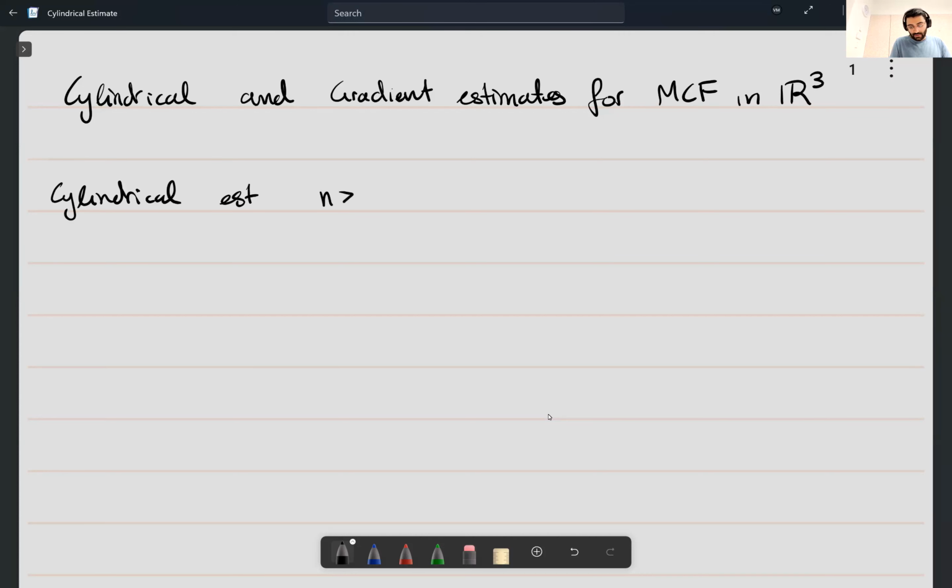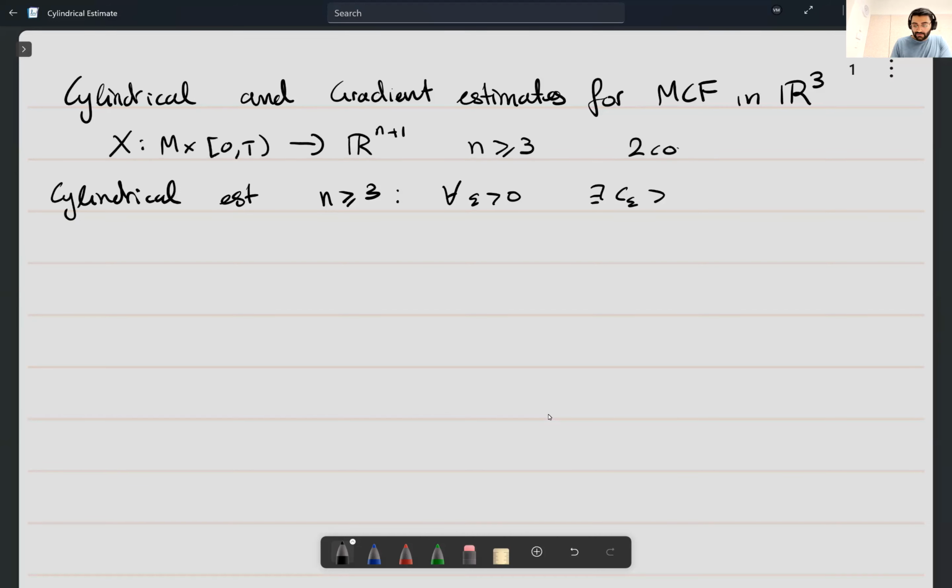for n greater than or equal to 3, which was, for any epsilon greater than 0, you can find some constant c epsilon, which depends on the initial data. I should probably say that this is for a solution to two-convex mean curvature flow in R^(n+1) for n greater than or equal to 3.